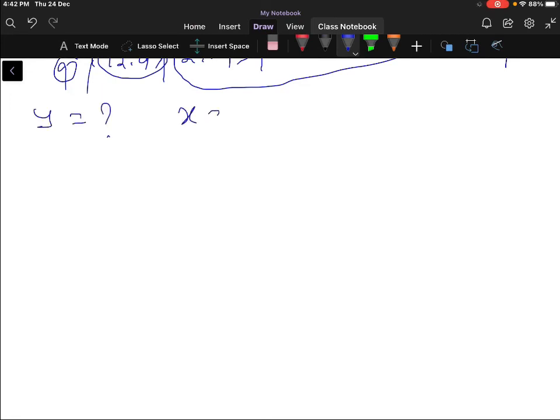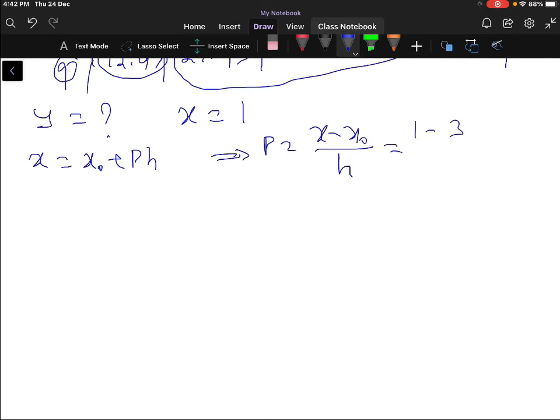So first let us move to finding y at x is equal to 1. Here we have x is equal to x naught plus ph. So this implies p is equal to x minus x naught by h.